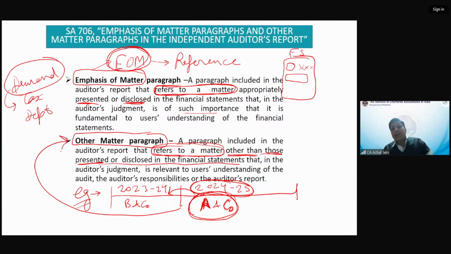Okay, so in their report, they will say that previous year financial statements were not audited by us. Okay, that was audited by some other firm. Understood? That's one of the examples around it. Okay, that is only one of the examples around it. Fine.